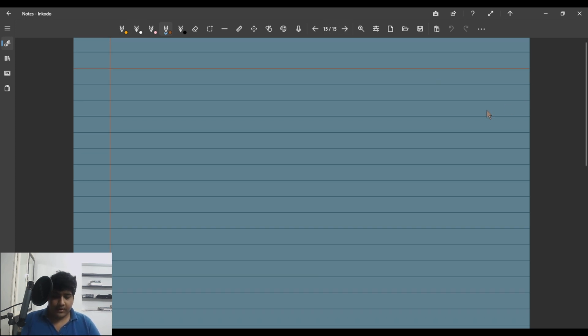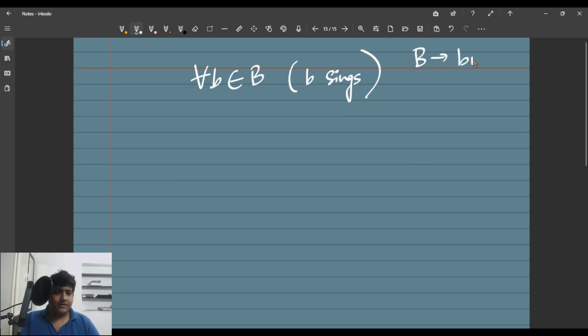And now I'll give you an example in notation form. Initially what I suggest is, if you're not very comfortable with the notation form, you convert it into plain English and then negate it and then write it down into the notation form. We're not in a hurry now. We're just learning. So B is birds.